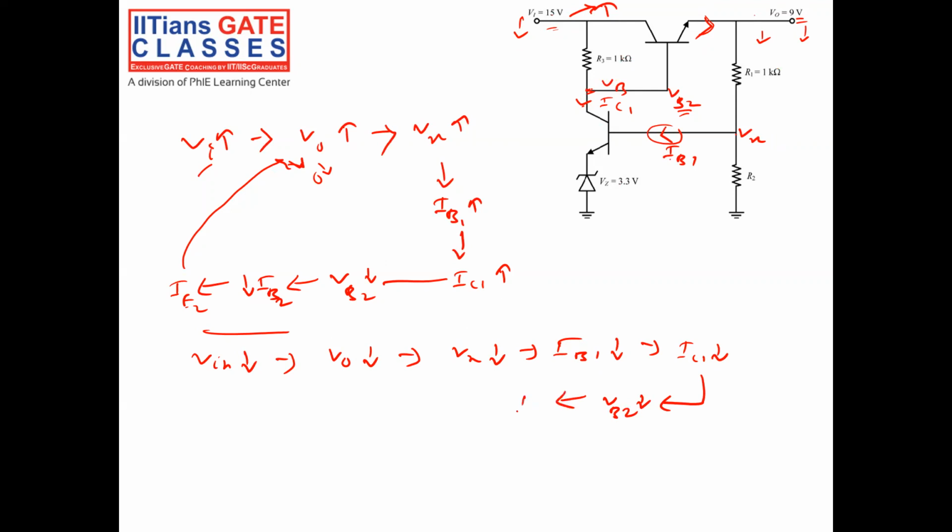Then IB2 will decrease. Then IE2 will decrease. Since the current decreases, my voltage V0 will increase, right? So my decrease in voltage will be compensated by an increase in voltage by the loop. So that's how the voltage will regulate.